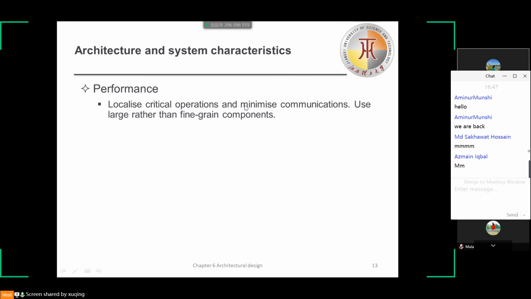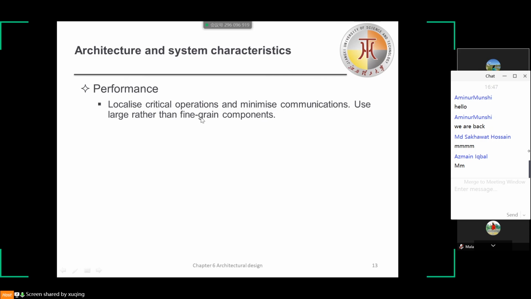This may mean using a few relatively large components rather than small, fine-grained components, which reduces the number of component communications.